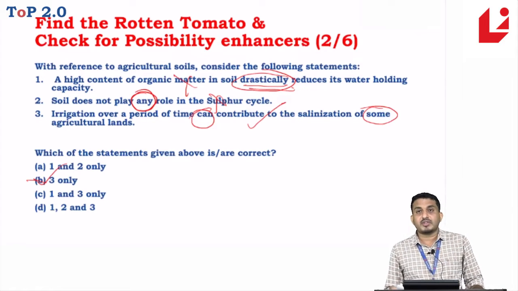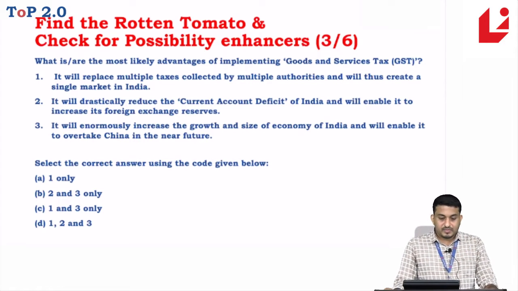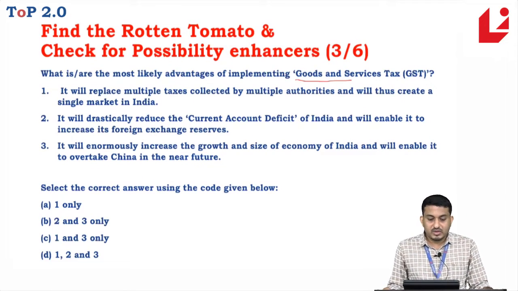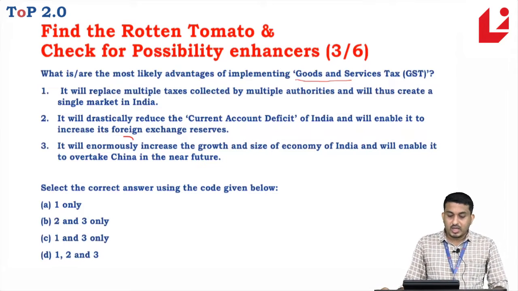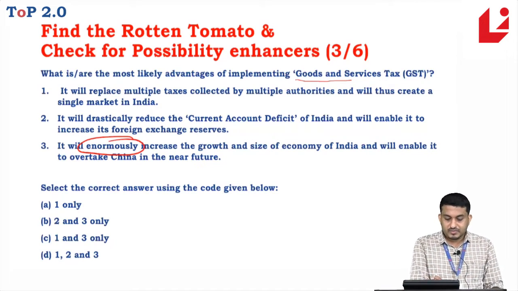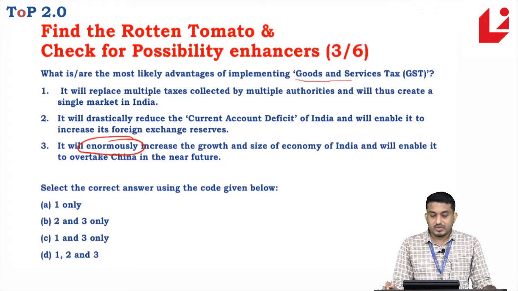Now read this particular question and try to find out the answer. The question is regarding most likely advantages of implementing GST. Now read statement 3. It will enormously increase the growth. Enormously is a rotten tomato.